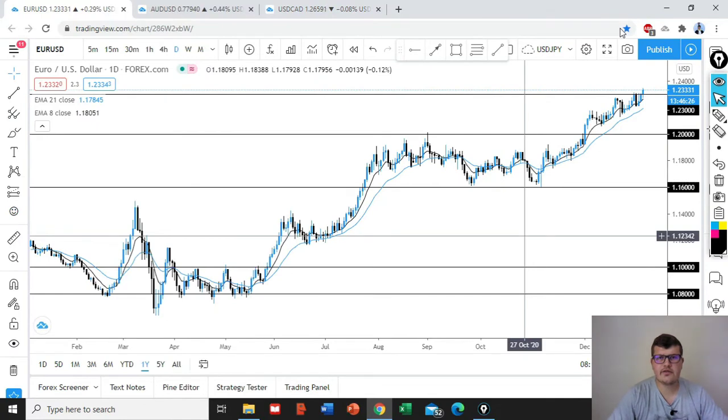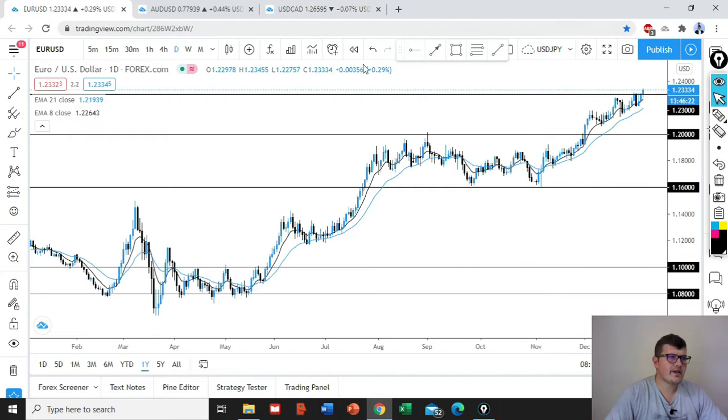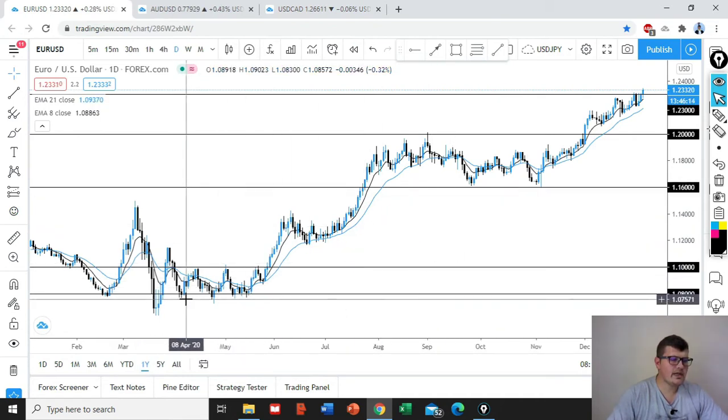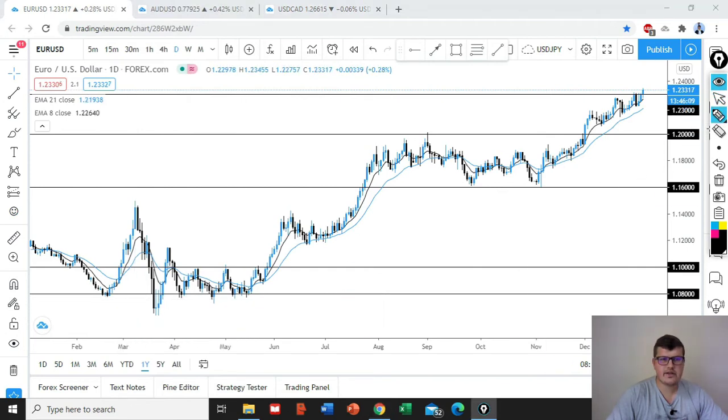So let's quickly go through some psychological levels on the Euro USD chart. So this is on a daily candlestick and this is for a 1 year time period. And let's just quickly go back to last year around April, and as you can see at this 1.08 rounded number in the market, this is a key psychological level on the Euro USD.